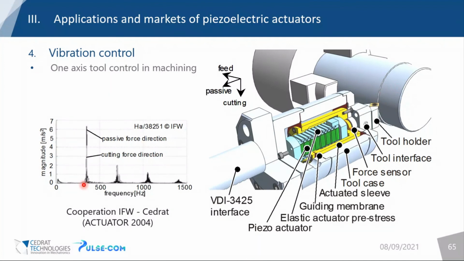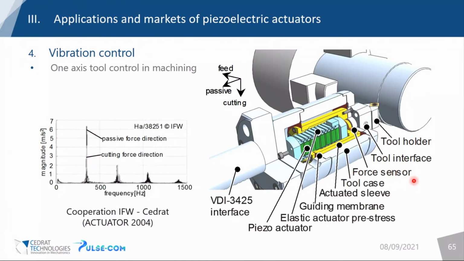And during machining, you have a lot of vibrations on the part, and sometimes you can have a very bad surface state at the end of the machining. So to counter the vibrations, a piezo actuator, here in green, is used, which generates forces according to the vibrations exerted on the tool by the part being manufactured.